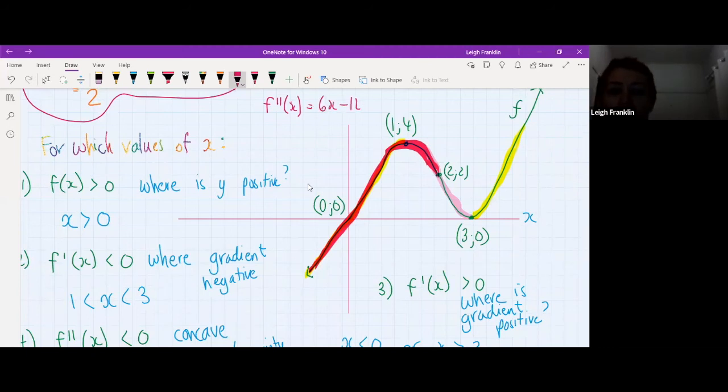What's going to happen when I sub in 1? 6 times 1 minus 12 gives me negative 6. So the concavity at x equals 1 is negative 6 because it is concave down.